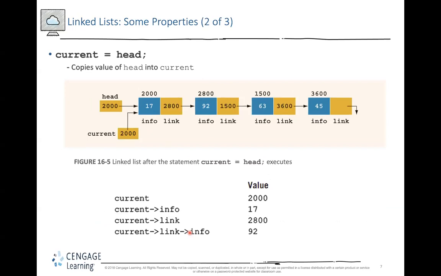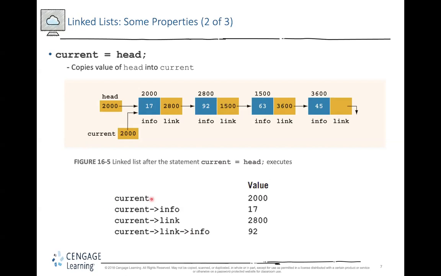And if we copy the value of head into a new pointer, so we declare a new pointer current, we may use this new pointer to traverse the list. So here are some properties.